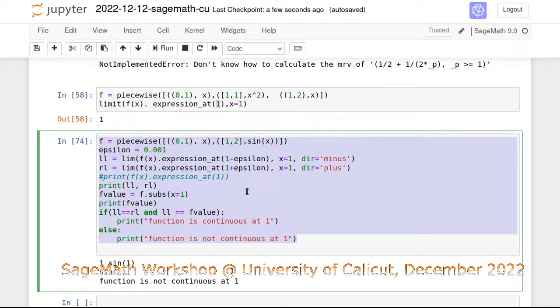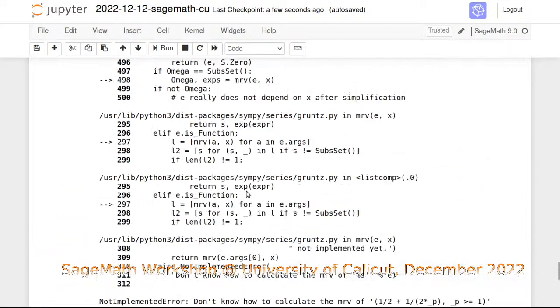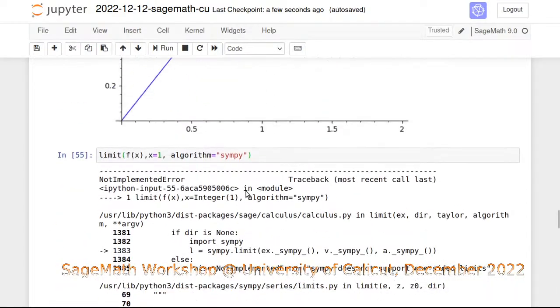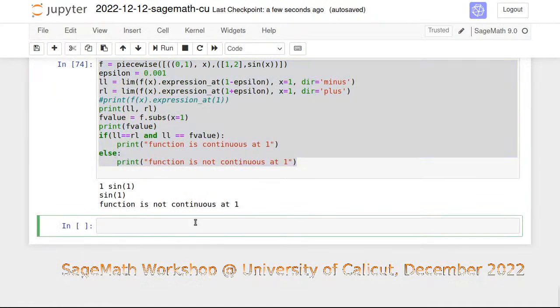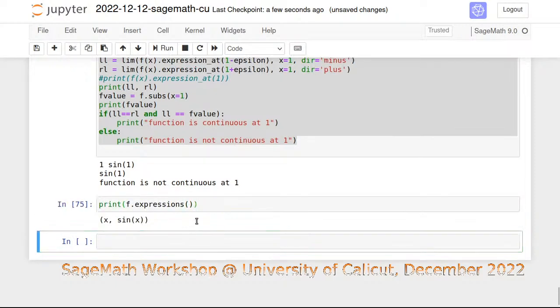And expressions is another thing that we have seen. Okay, expressions is also here. F dot expressions will list all the component functions in that piece.